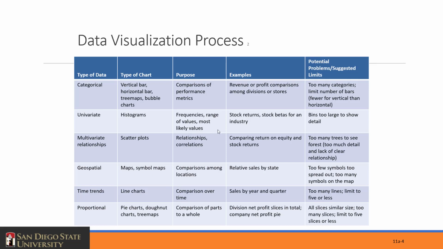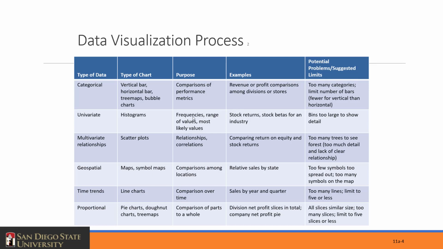Then you can have numerical data like stock return, stock beta for an industry, and you just want to know the distribution of the whole sample.